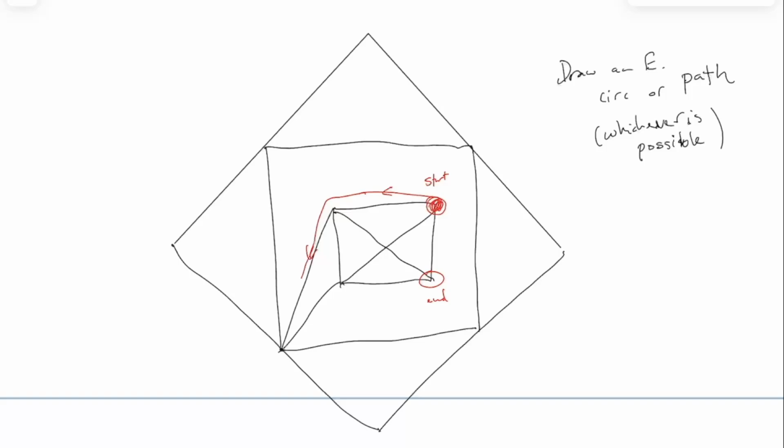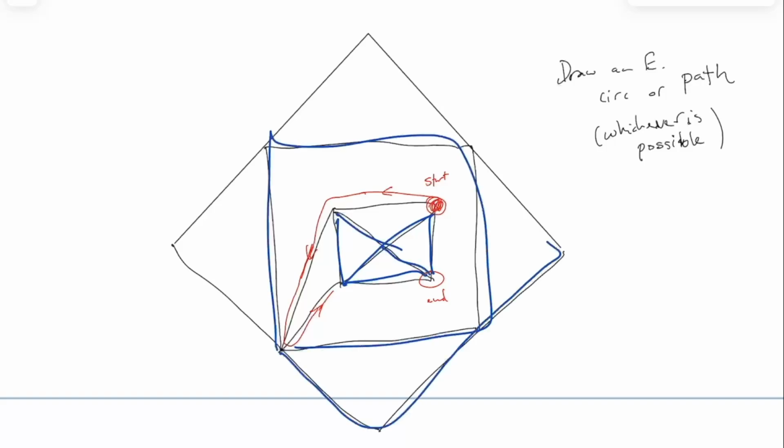I saw people immediately getting screwed if you decided to go down this diagonal and then immediately back up the other one. That is a bad idea. That's because at this point, if I look at all the edges which I didn't cover yet, it would be here and also here, like so.